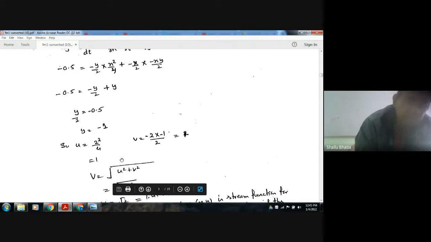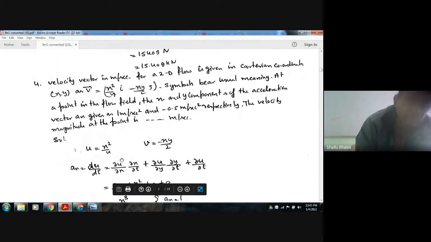Now we have to find out the velocity at the point.